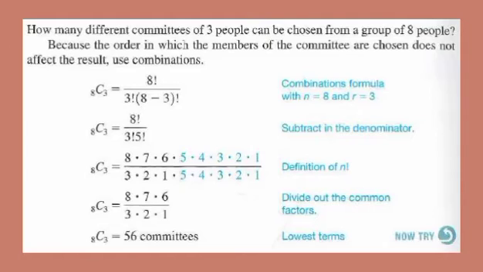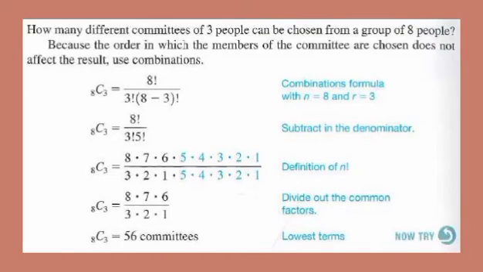So the next one is the definition of n factorial, which is 8C3 equals 8 times 7 times 6 times 5 times 4 times 3 times 2 times 1 divided by 3 times 2 times 1 and times 5 times 4 times 3 times 2 times 1.